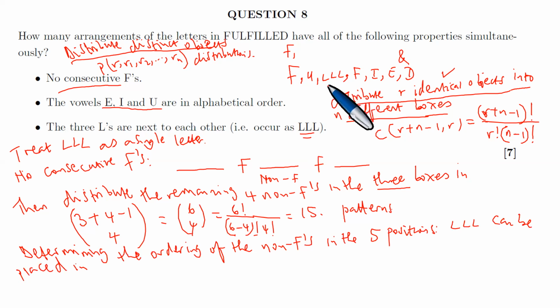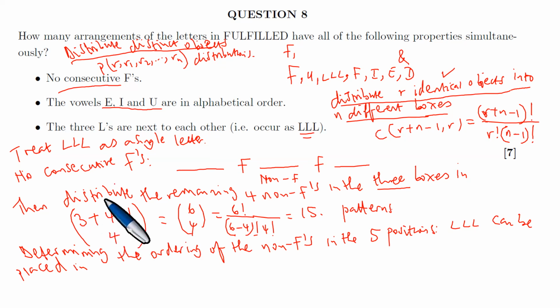So it's 1, 2, these are vowels. If you count 1 for the vowels, and this one therefore is 2, you have 3, and therefore ultimately you have 4 non-Fs in the 3 boxes. How many non-Fs will therefore be there? There will be a total of 4 non-Fs.